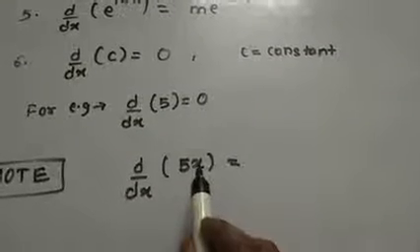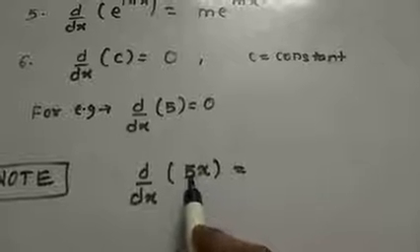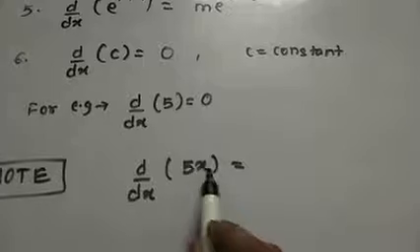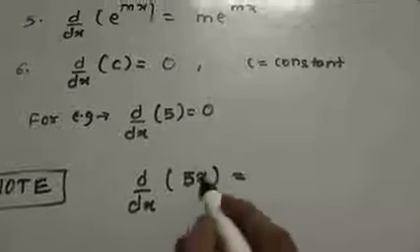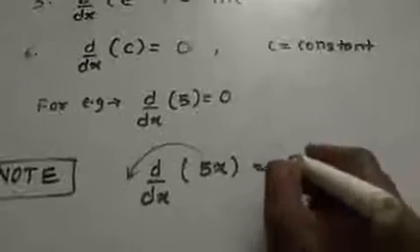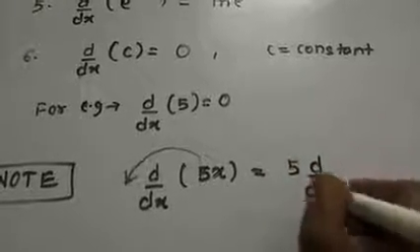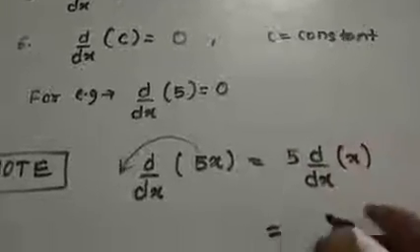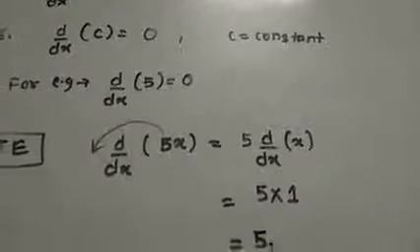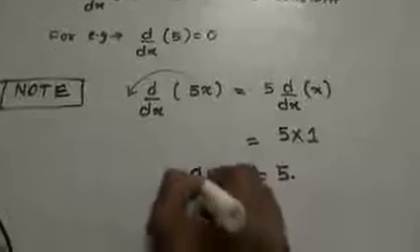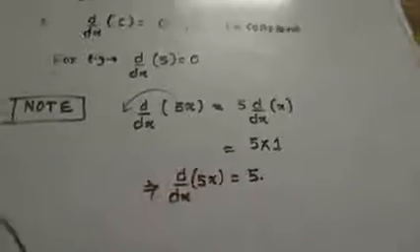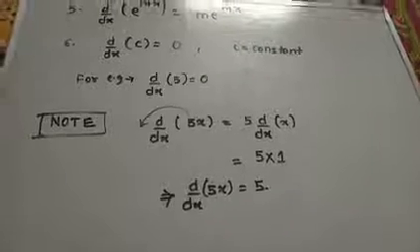So always remember, whenever in a derivative a constant is there with a function, that particular constant will come out of the derivative. We will write it in this way, 5 d dx of x, and d dx of x we know is 1, so finally 5. So d dx of 5x is 5. Clear?